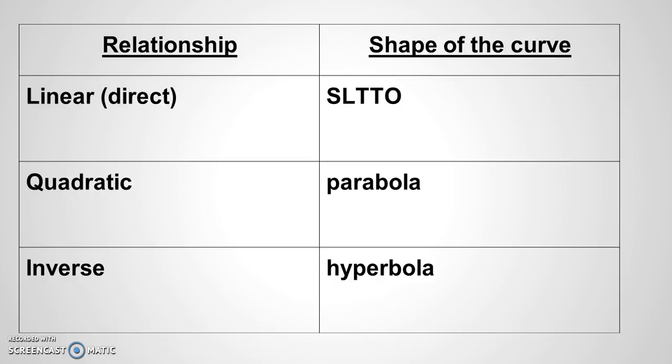Again, for memorization purposes, Q of quadratic will be paired with P of parabola, and H and I, as in their alphabetic A, B, C, D, E, F, G, H and I go together, so I for inverse is paired with H for hyperbola.